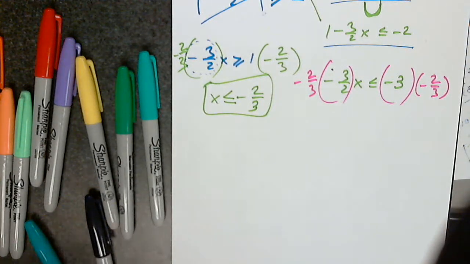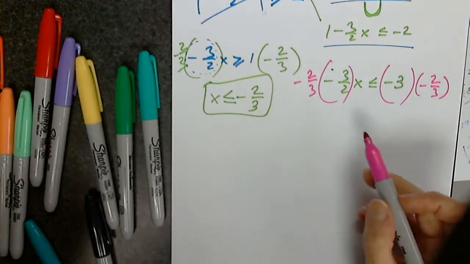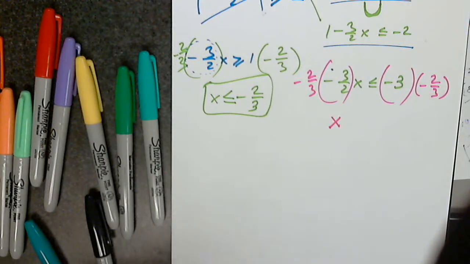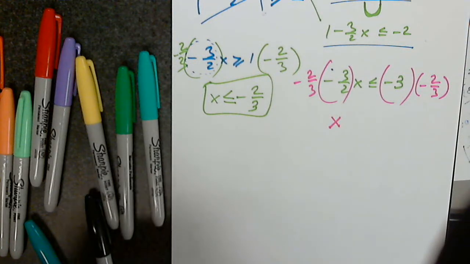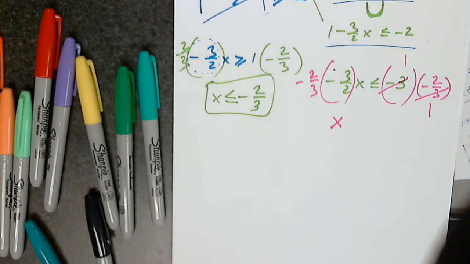Well, the answer is exactly what I want. And what do I want? X. Perfect. What do I have on the right? I'm multiplying two negative numbers. So first of all, it's positive, and then I simplify. I don't multiply before I simplify. The answer is awesome. And now I have to think again.